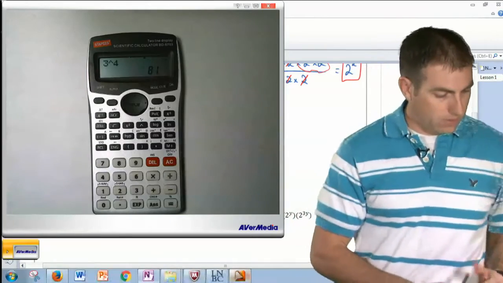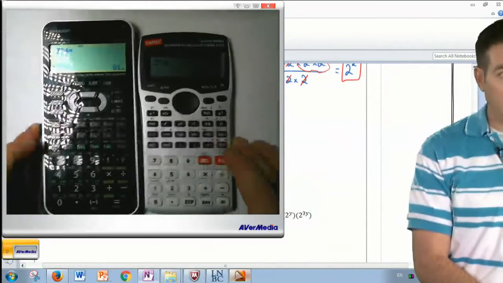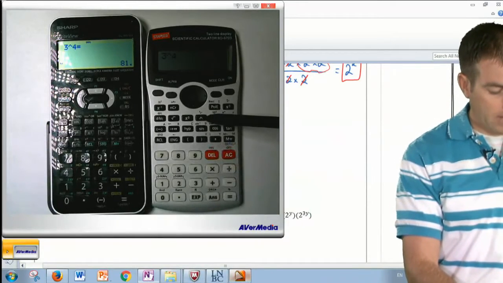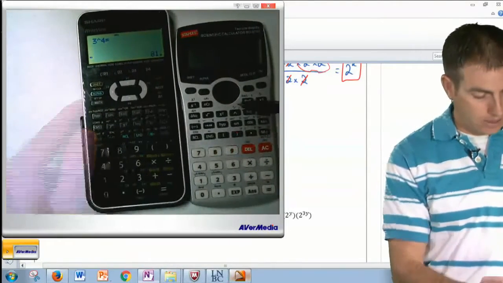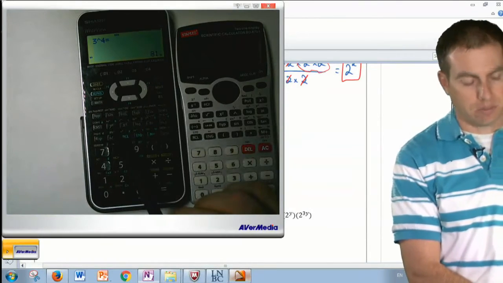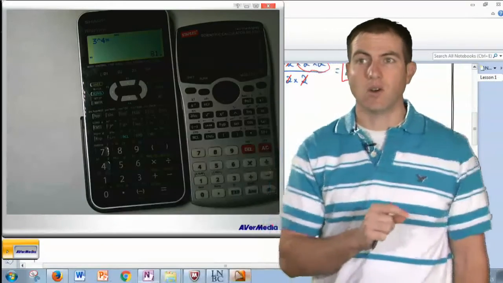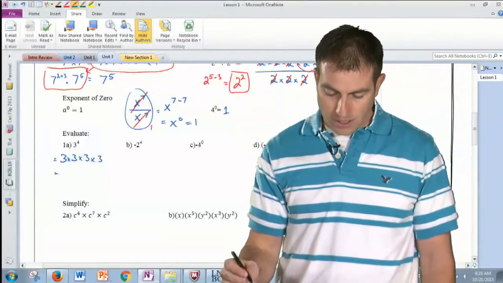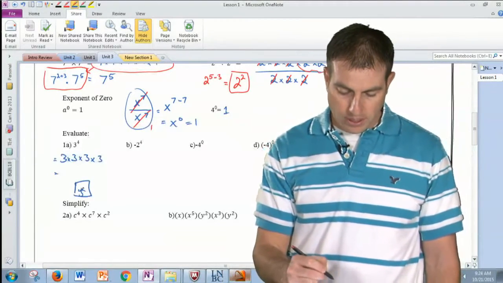So we get different buttons depending on the calculators. Your button is either going to be a little hat like this, called a caret in math, or you might have a button that looks like y to the power of x, like on my Sharp calculator here. So you need to figure out what the button looks like on your calculator. Likely, it's going to be something like y to the x.